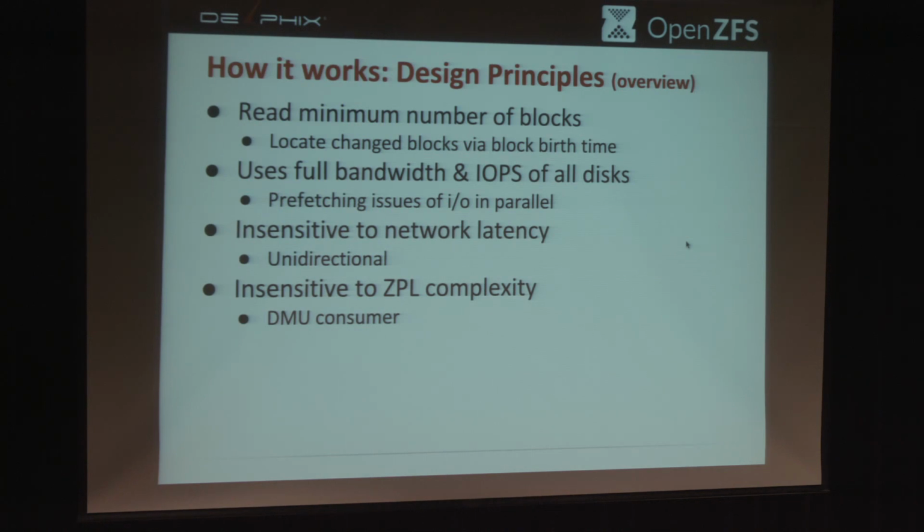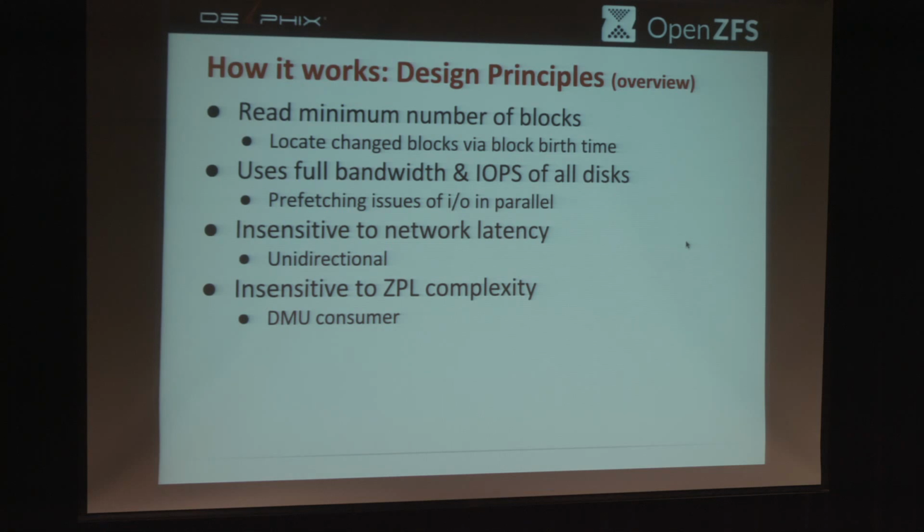The next thing is that, as I said before, you want to be able to use all of the available power of your disks. And so ZFS Send does that through prefetching, by issuing many IOs in parallel rather than issuing them serially. You want to be insensitive to network latency, because if you have a really high latency network between one side of the country and the other, you still want to be able to send a lot of data across it.